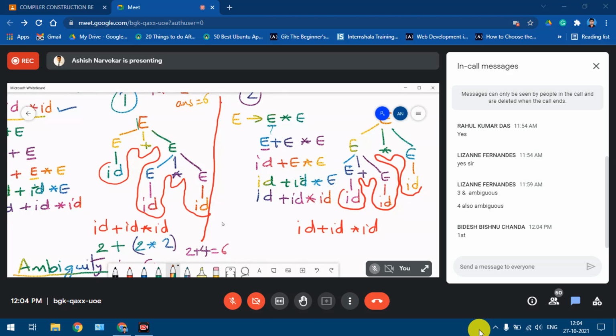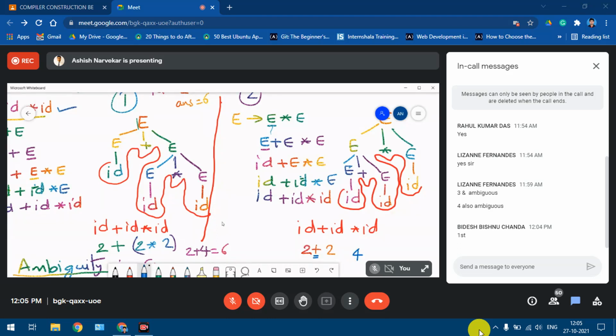If you go on this other side, if you take the value of id equal to 2, it will do 2 plus 2. So this operator is directly getting both the operands. It will add up to 4.